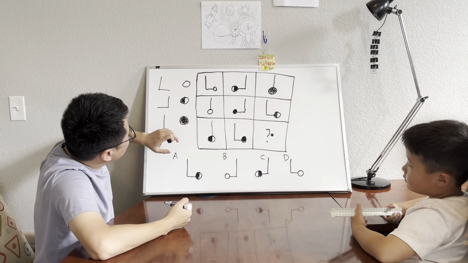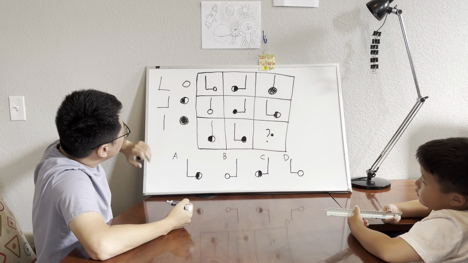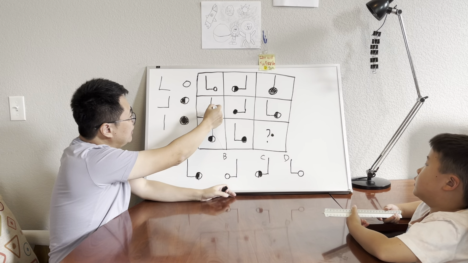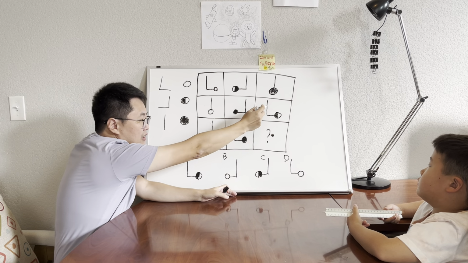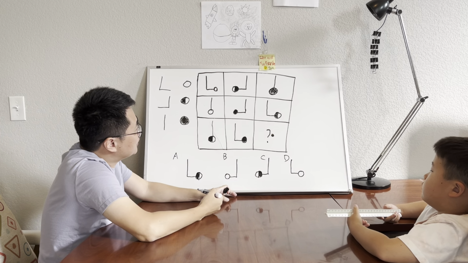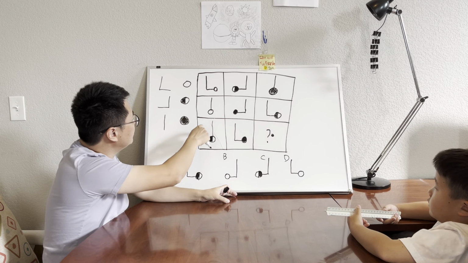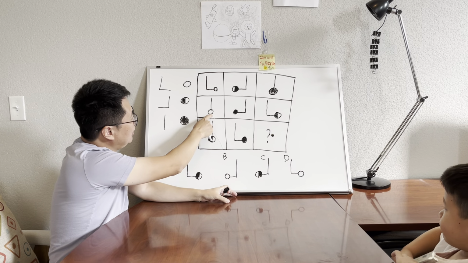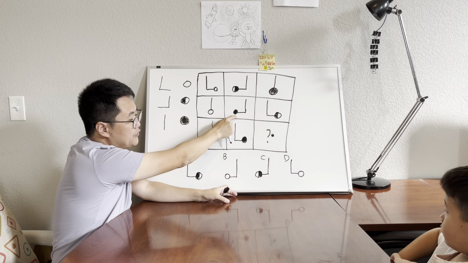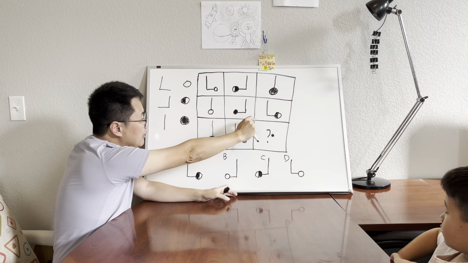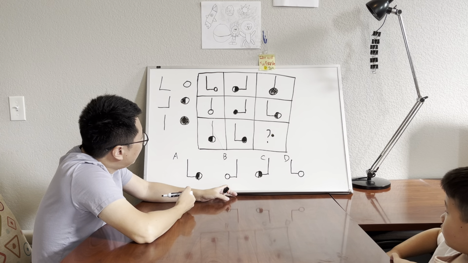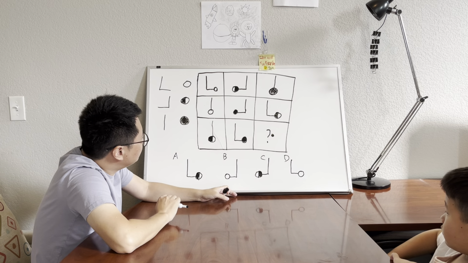And then for the second row, do you see the 3 patterns also? For the stick, you have a straight stick, a bended stick, and an L-shaped stick. For the circles, the heads, you have the empty one, the filled one, and the half filled one. And then for the bottom row, do you see the sticks?